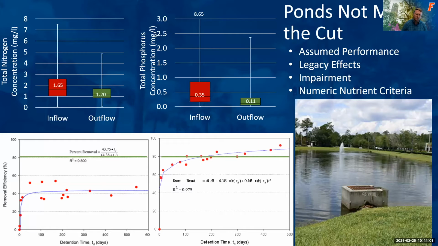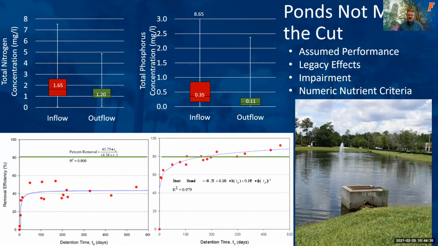Coming back to stormwater ponds, I mentioned that there's an assumption, essentially, that these ponds manage or meet nutrient removal expectations. They're credited, if they're built based on the state designs, with removing 80% of nitrogen or phosphorus.